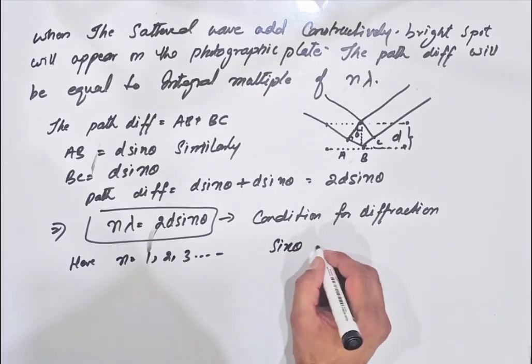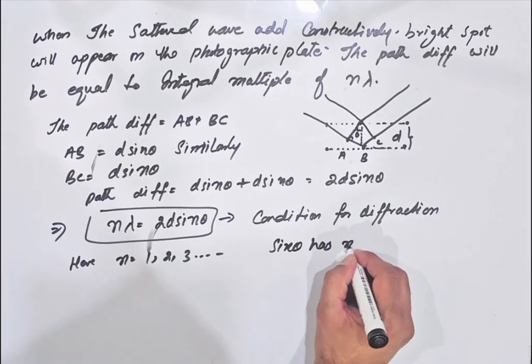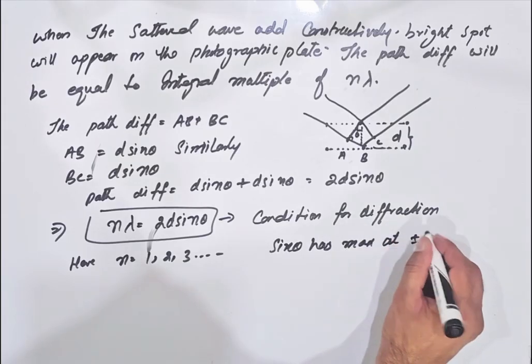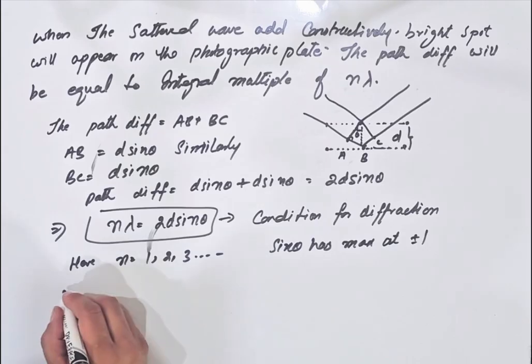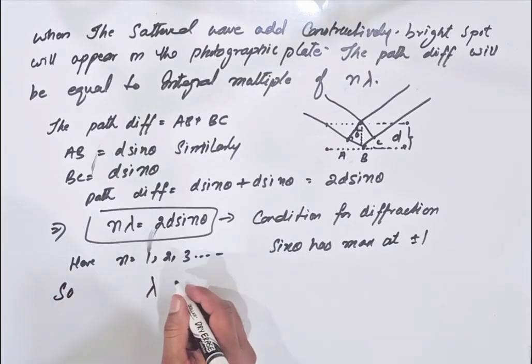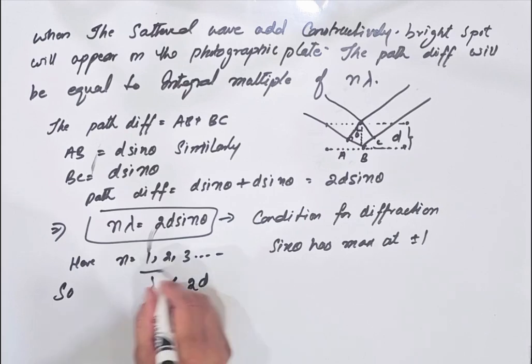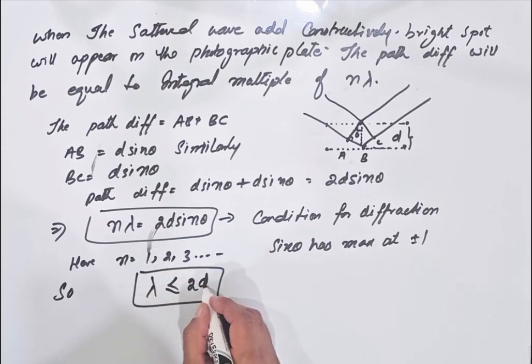Sine theta has maximum value at plus minus 1, so lambda is equal to or less than 2d.